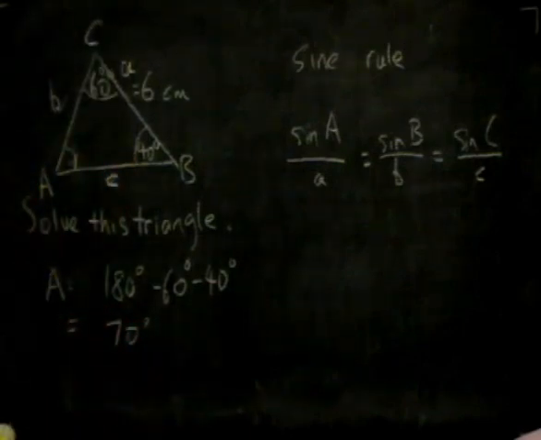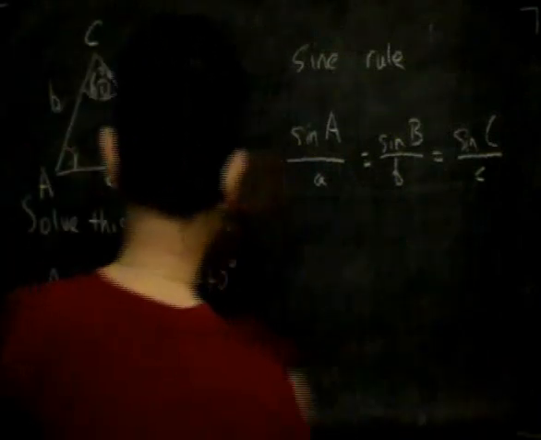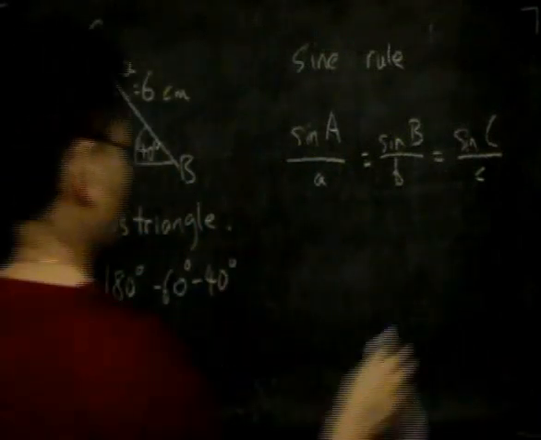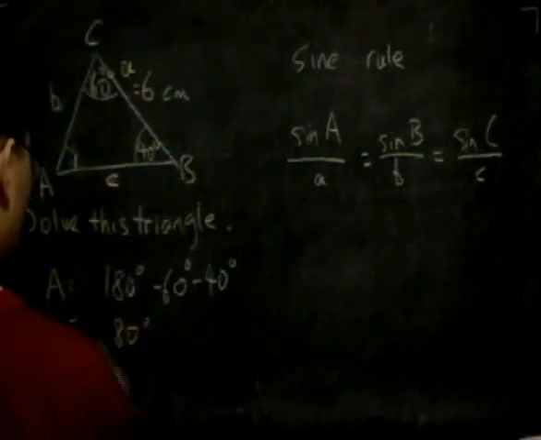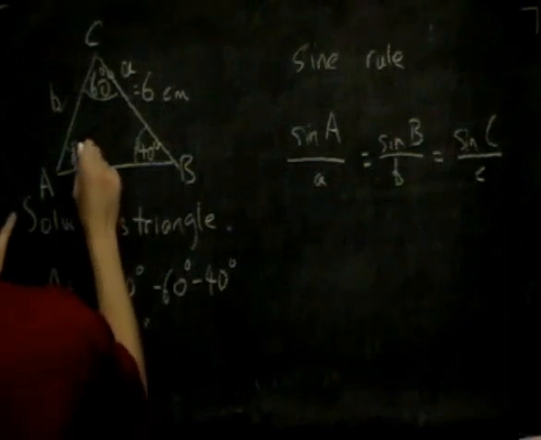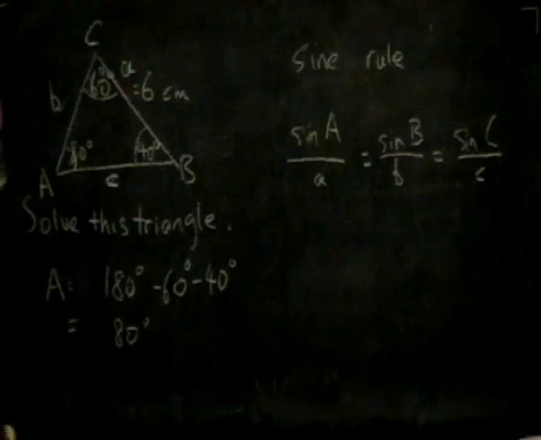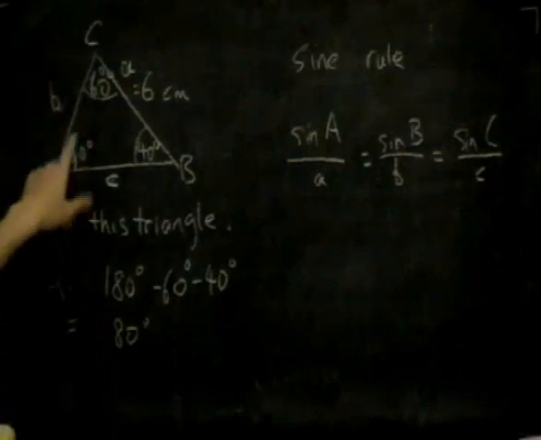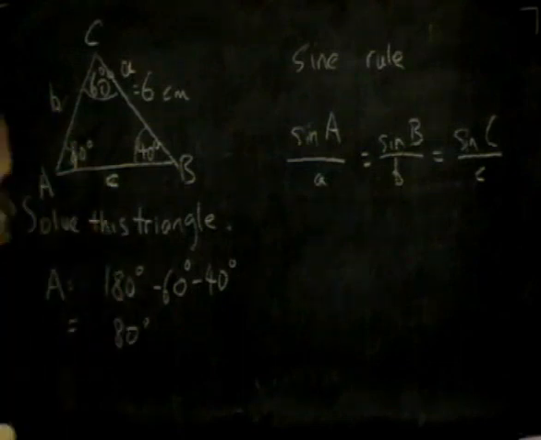Then to find the angle A, we would have 180 minus 40 minus 60, and the answer is 80 degrees. Right, so now we have 80 degrees here. Okay, that's a better example. So now we have one angle. Now the next step would be to try and find the two sides b and c.